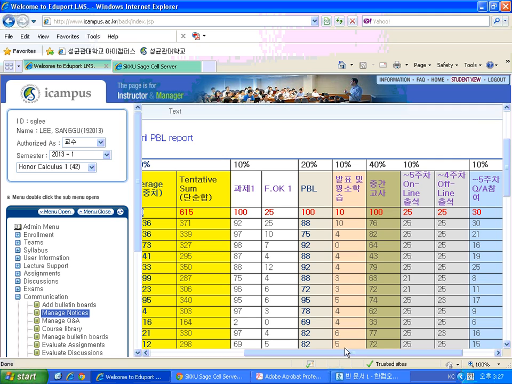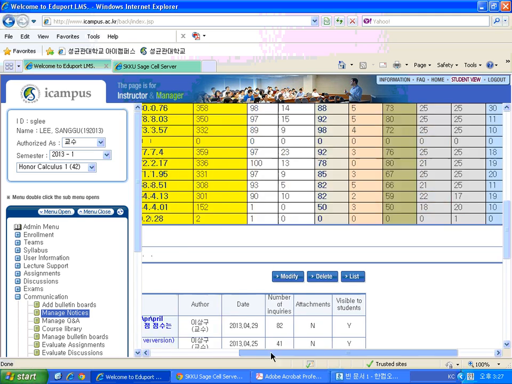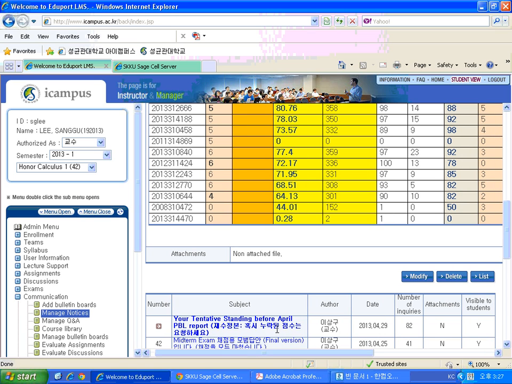But it still is tentative because we didn't have a final examination, and also I had to check your April PBL report. This is the March PBL, but with the April PBL it will be changed. So within 1 or 2 weeks, your final standing up to the 10th week will be fixed.